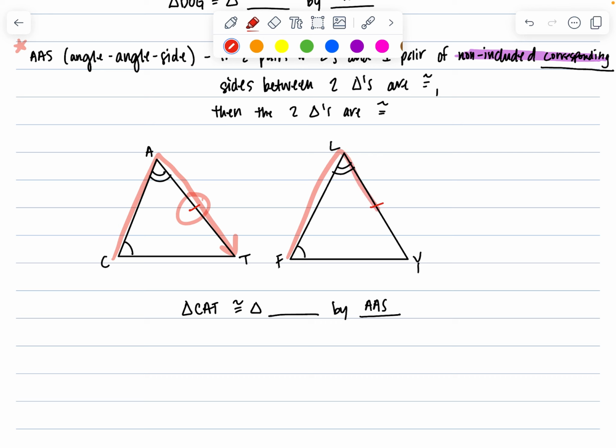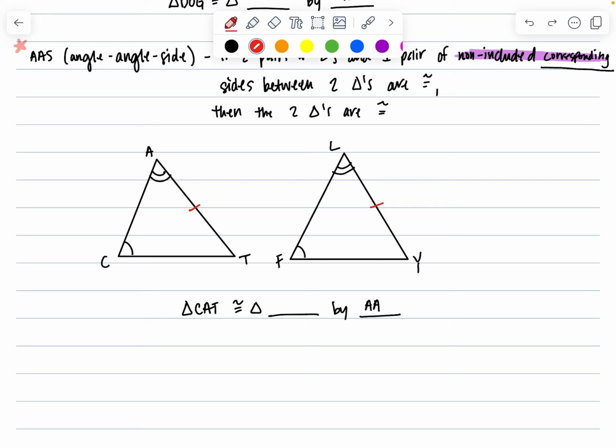One tick through two, and we could see it. Now, it doesn't have to always be in that order. For instance, we could name this TAC, but in terms of actually recognizing the angle side pattern, it has to follow that particular order. The triangles don't have to be named that way, is what I'm trying to say.